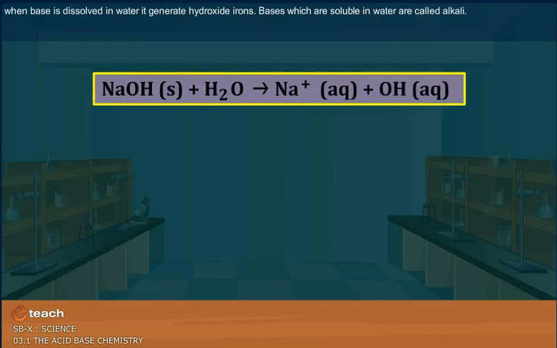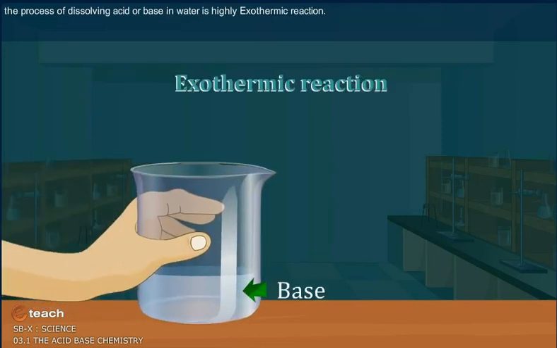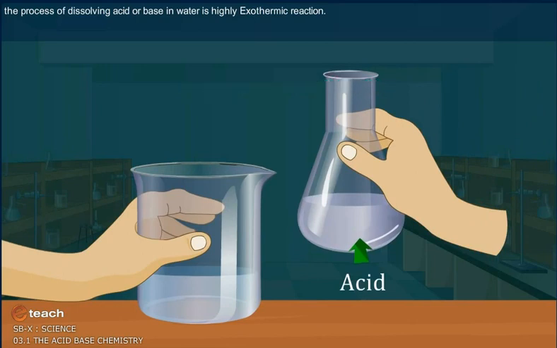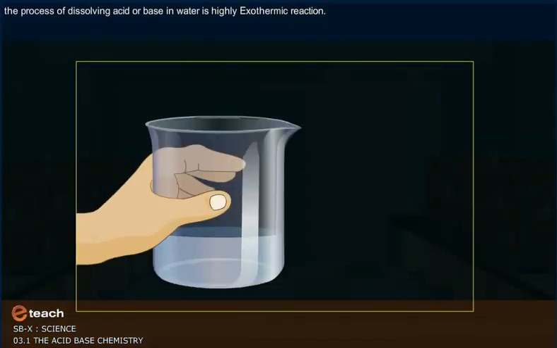When a base is dissolved in water, it generates hydroxide ions. Bases which are soluble in water are called alkali. The process of dissolving acid or base in water is a highly exothermic reaction.